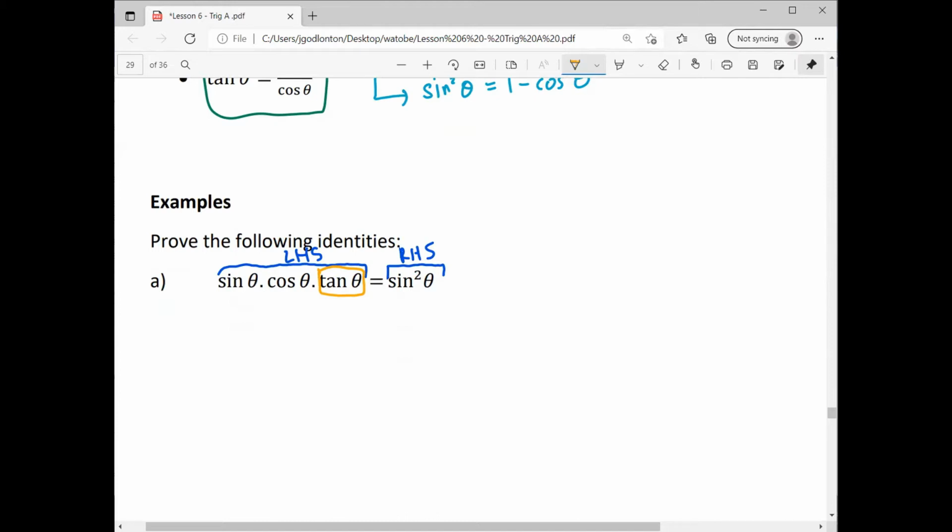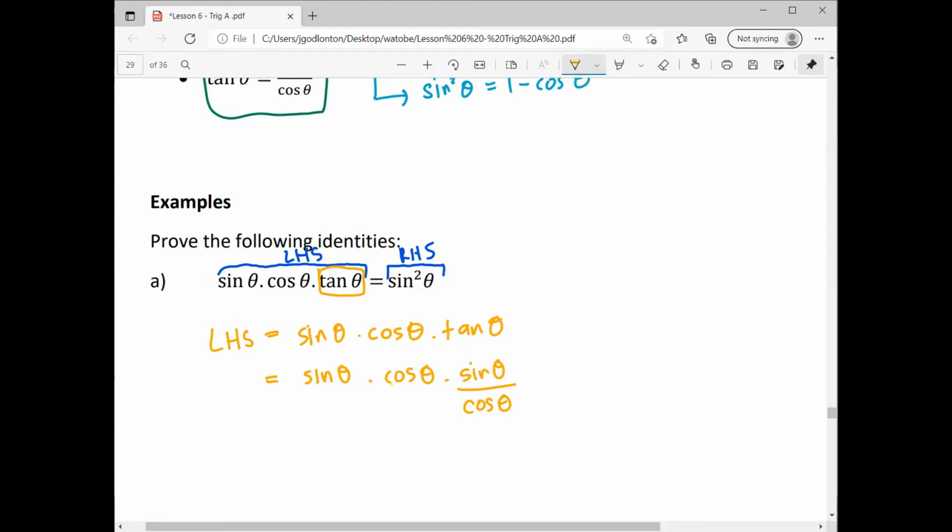So I'm going to take my left-hand side and say that's equal to sine theta times cos theta times tan theta. But I know that tan theta I can change to sine theta over cos theta. So we're going to show that change. Sine theta times cos theta times sine theta over cos theta.